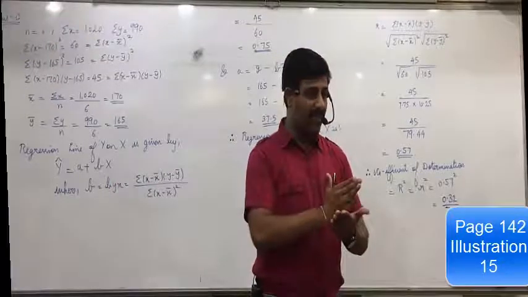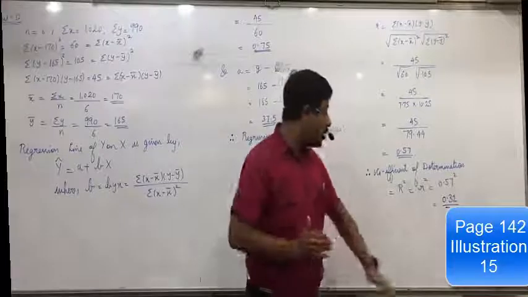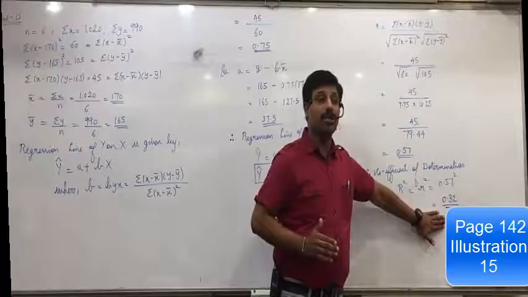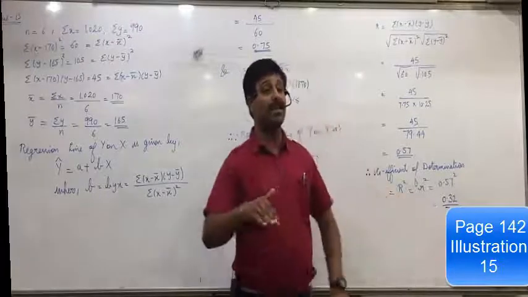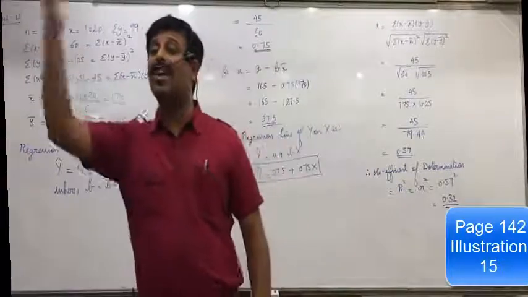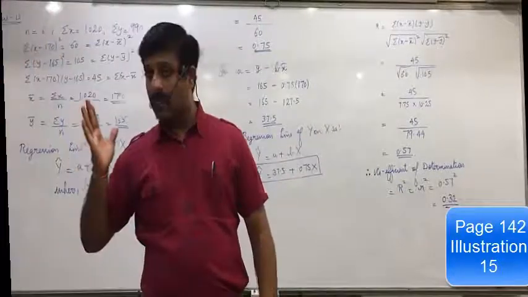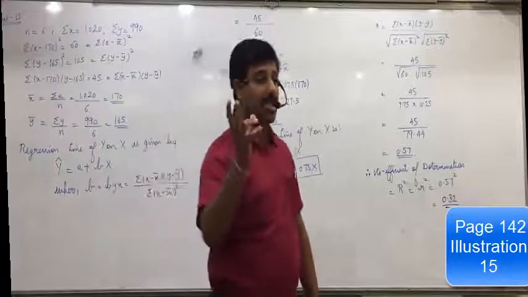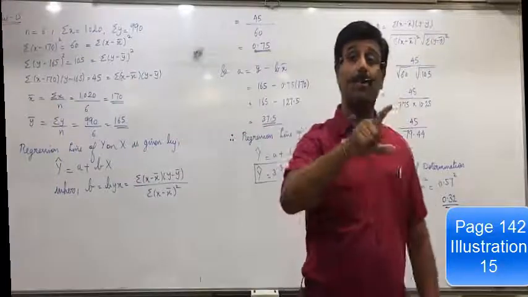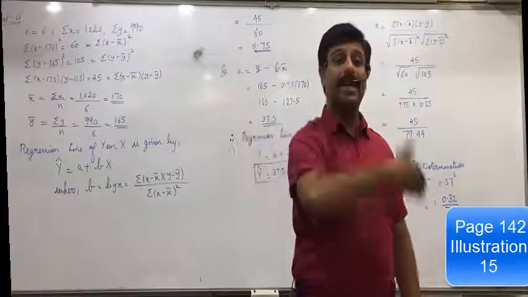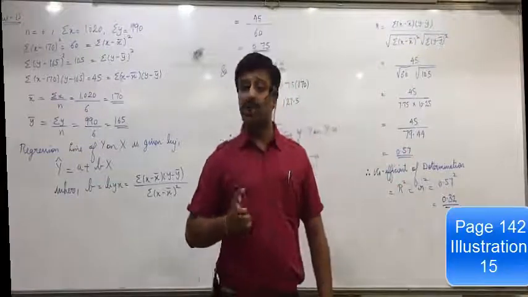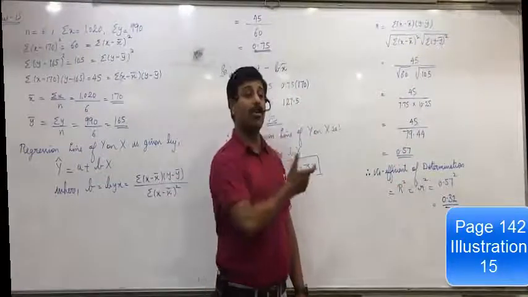Whatever changes in the y variable take place, 32% of those variations are explained due to x, and 68% are due to other factors. So only 32% of things depend on x.